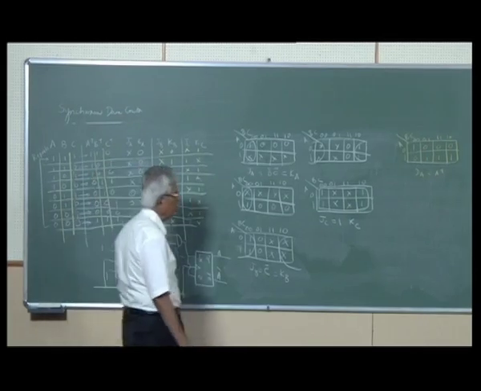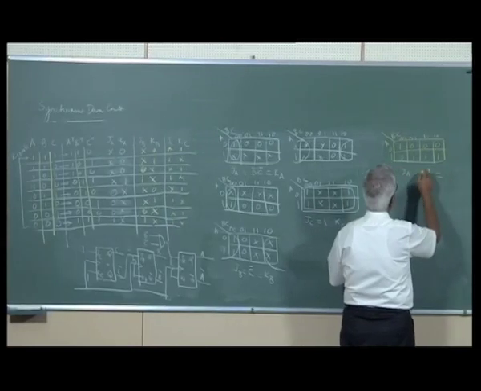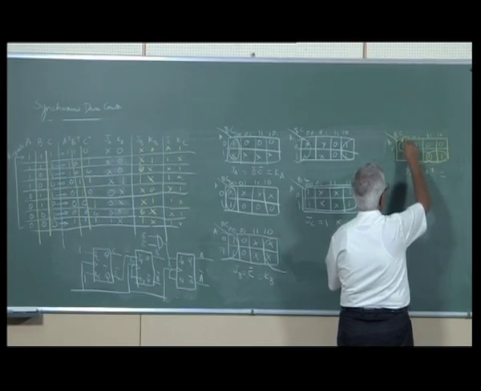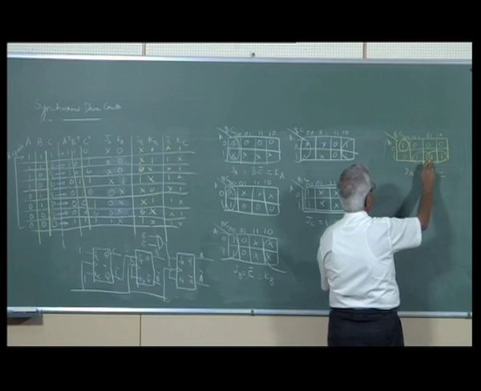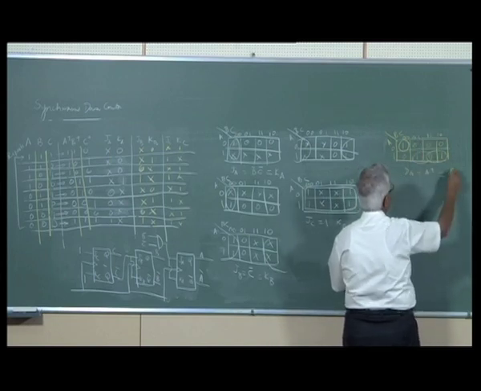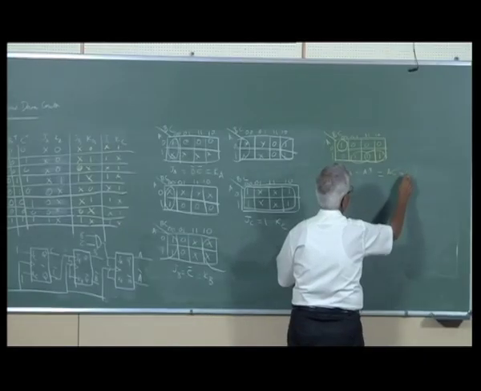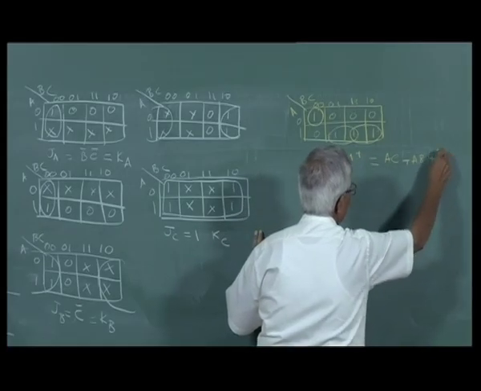DB would be, this is nothing but, this is A, C, A, B, A bar, B bar, C bar.